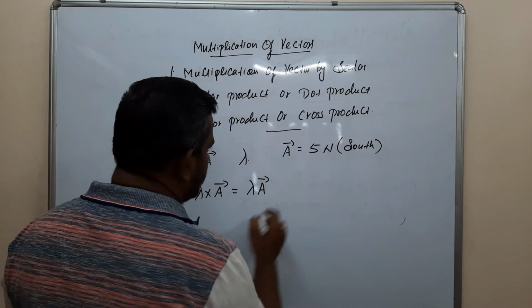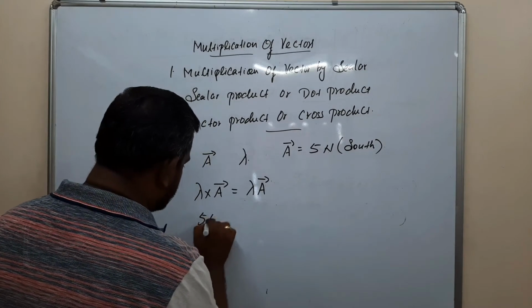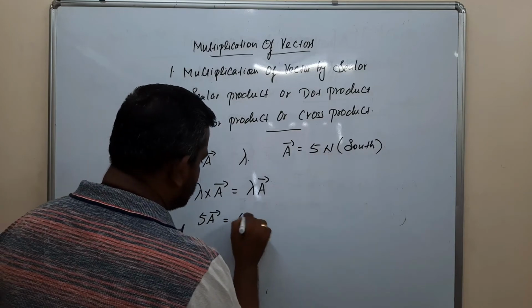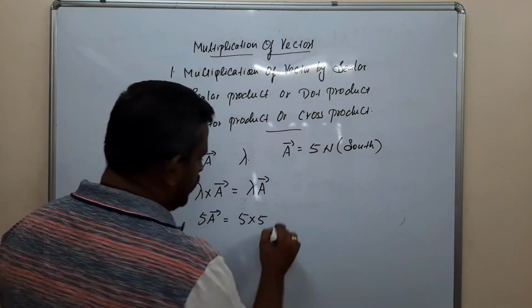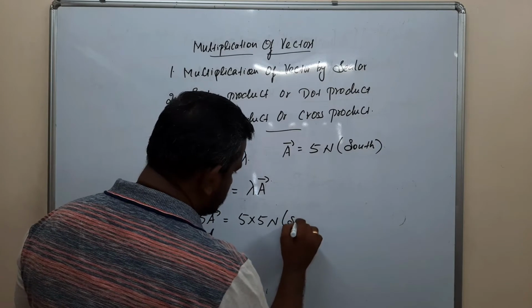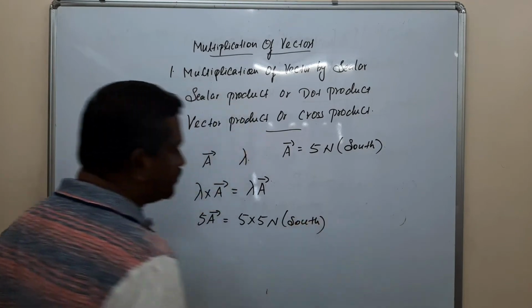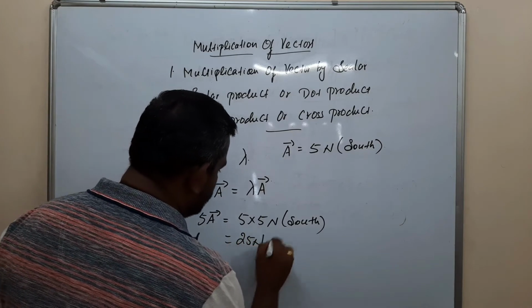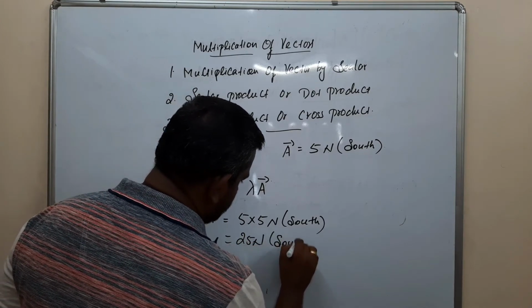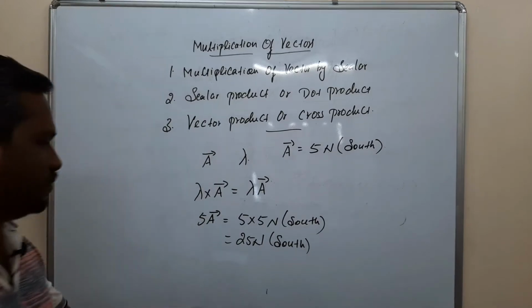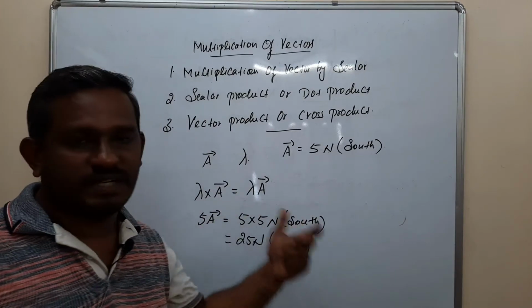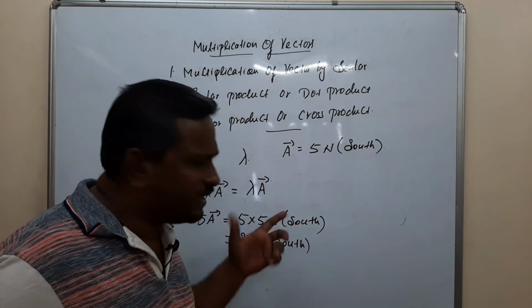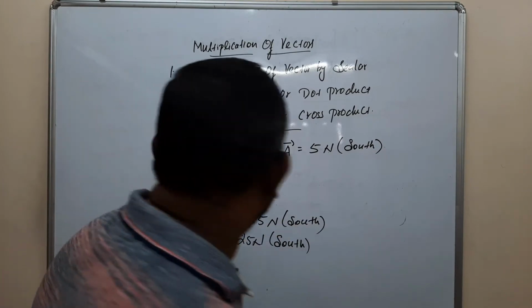So what is 5A vector? 5A vector is equal to 5 into 5 Newton south, that is 25 Newton south. This is the way of multiplying a vector with a scalar. If you multiply a vector with a scalar, you will get a vector quantity only. That is very important.